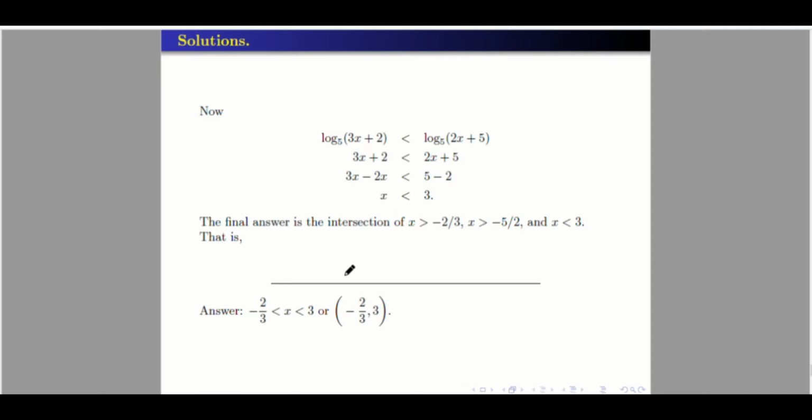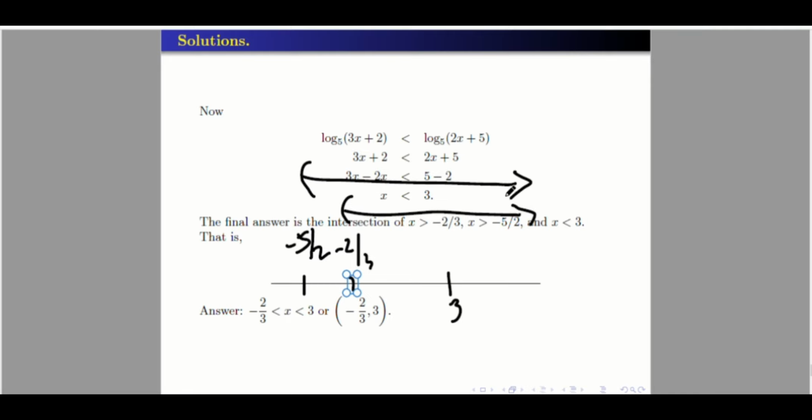So let's label. So negative 2/3 is here. And then negative 5/2, that is negative 2.5. So that's much farther here, negative 5/2. And then x is less than 3. So the first one is this, so it's greater than, so parenthesis. The other one is this, so parenthesis.